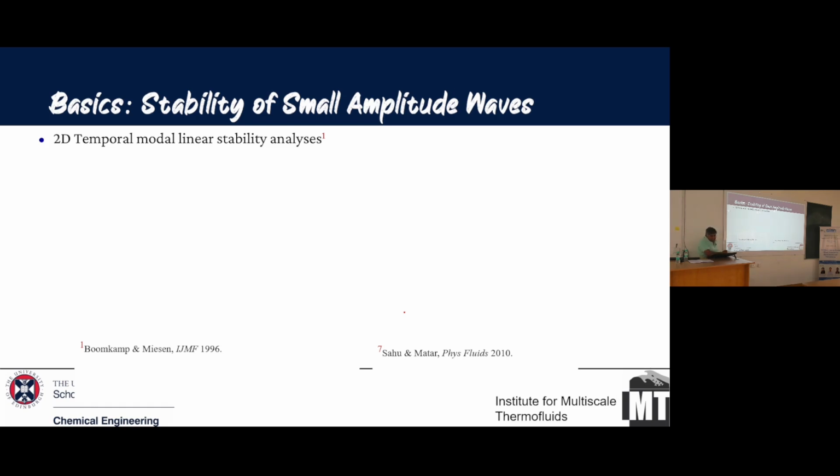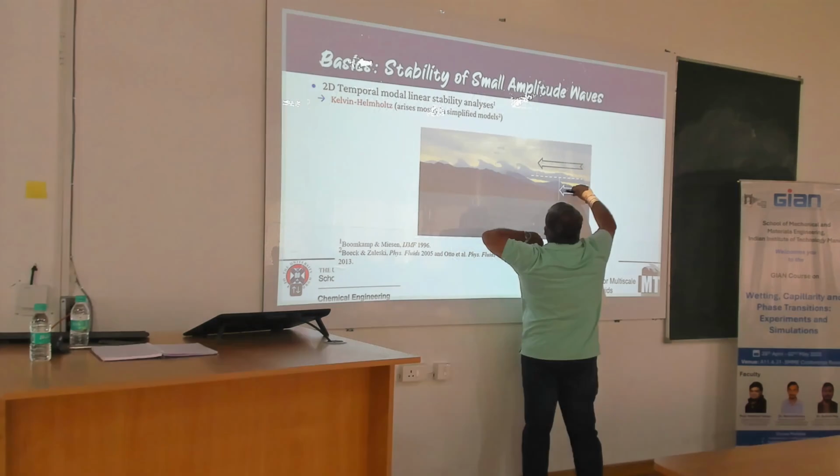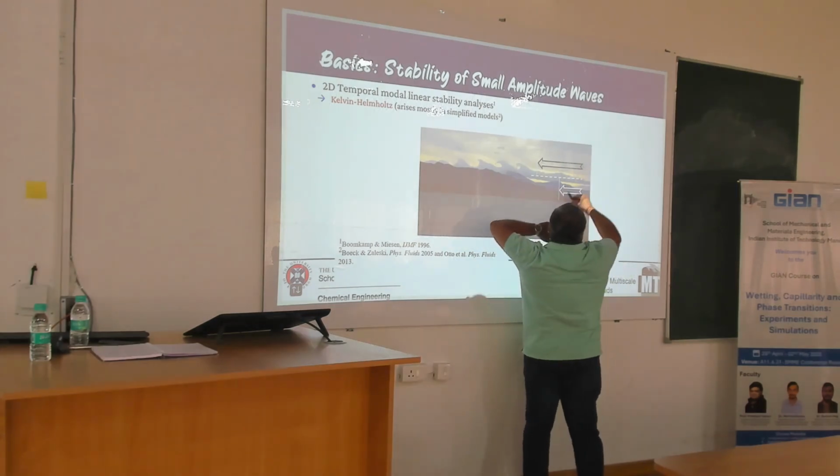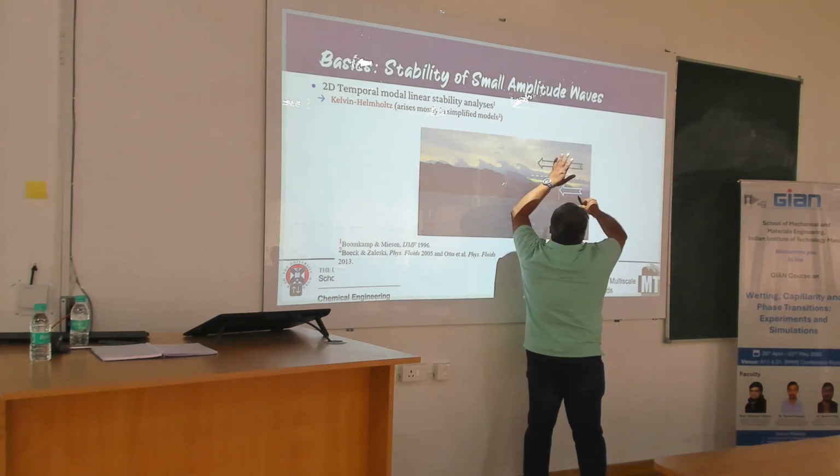The first thing, which is very common, is the Kelvin-Helmholtz instability. You can see these clouds which are cat-eye shaped, and this is completely driven by the fact that above the cloud, the velocity of air is bigger than the velocity below. It's the same viscosity region, so the viscosity is not different, the density is not different.